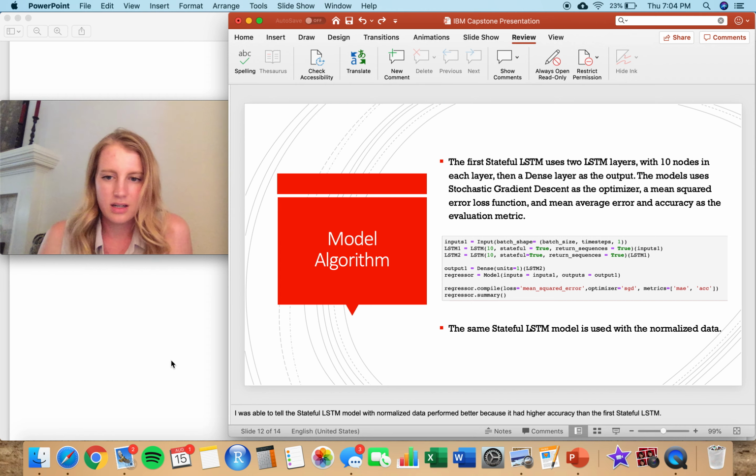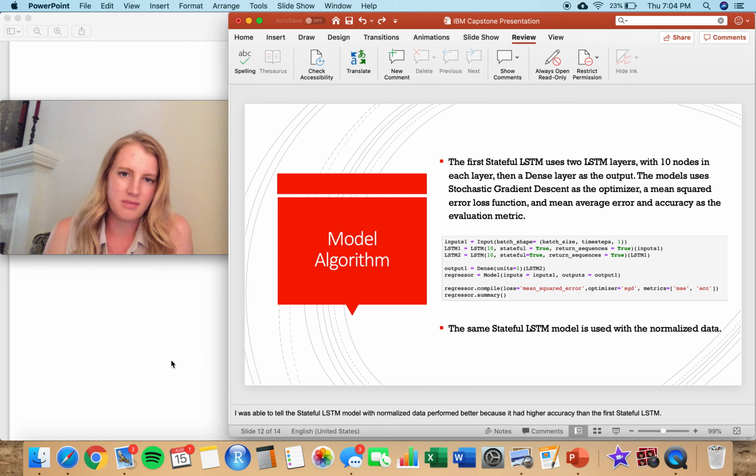This code chunk is some of the code I wrote to develop the LSTM model. I used accuracy to compare how the LSTMs perform from non-normalized data to normalized data, and again ran the same stateful LSTM model with the normalized data.